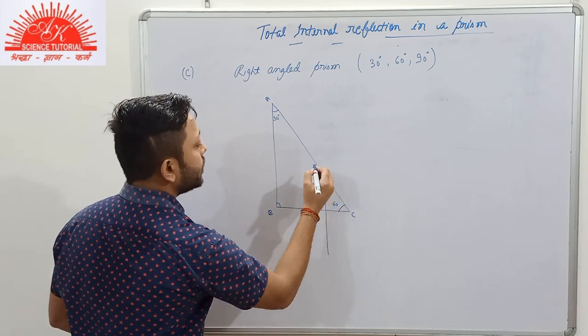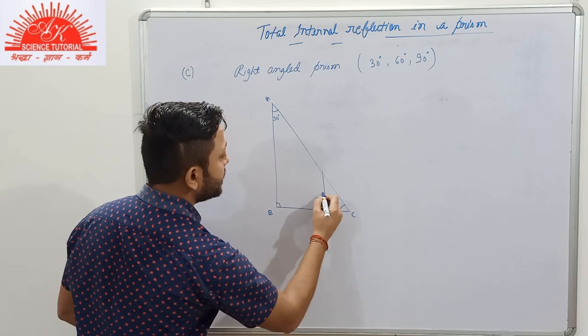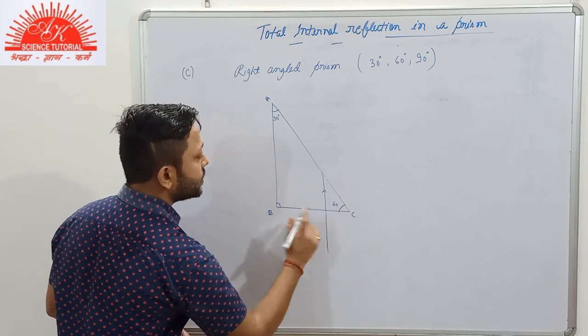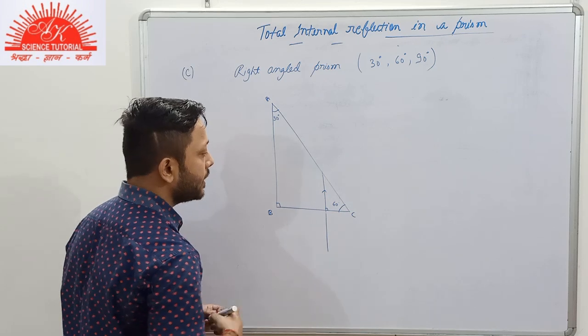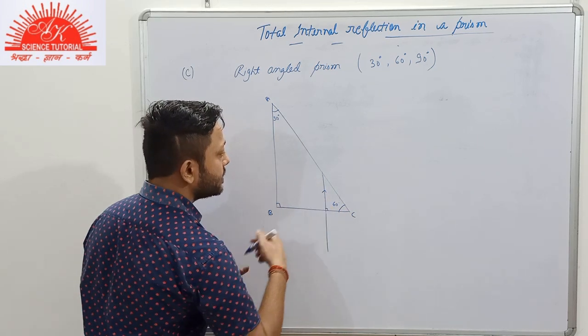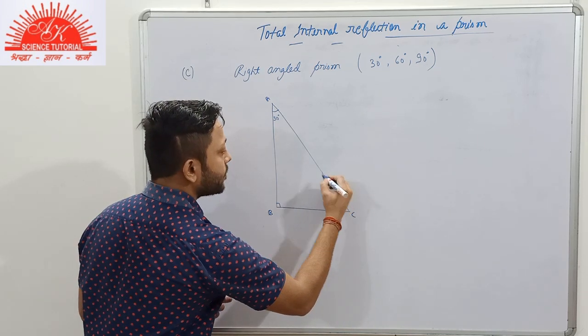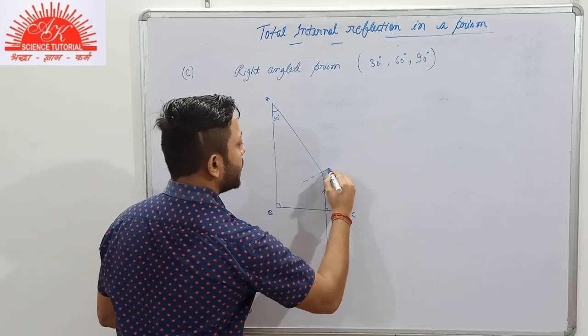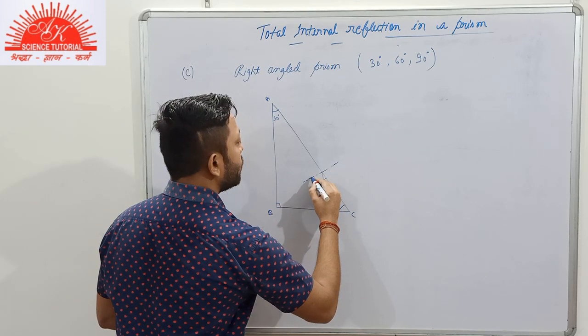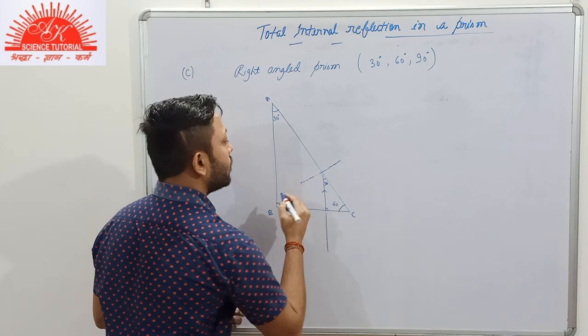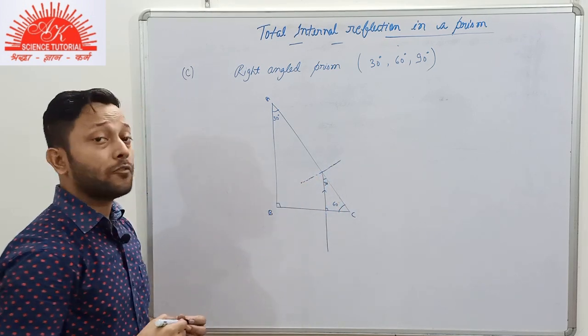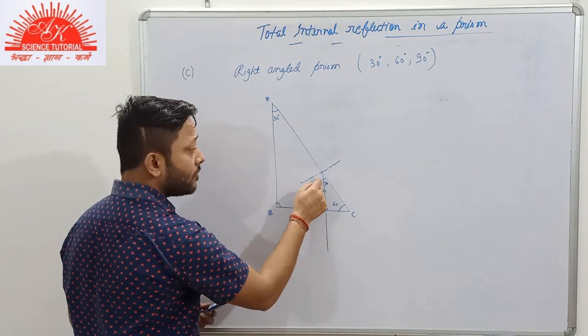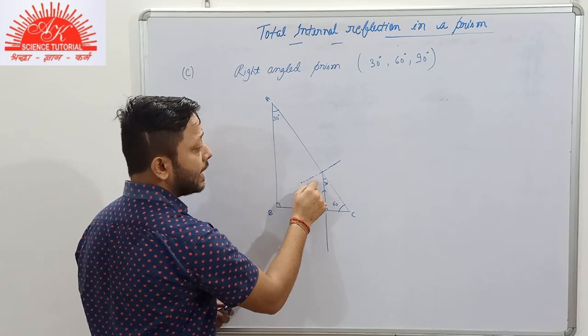Suppose we have considered the light ray, the incident ray, to be normal to this surface BC. So it is 90 degrees. If it is 90, it is 60, then this angle must be 30 degrees. To get the idea whether total internal reflection will take place or not, we have again to find the angle of incidence.